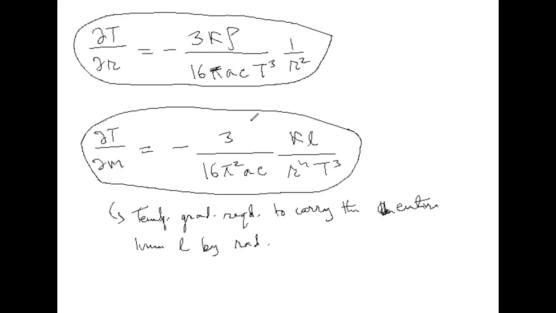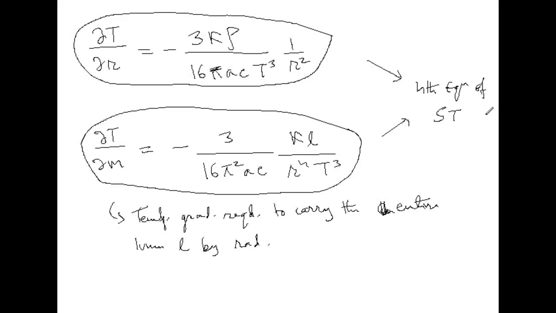Now it gives basically the fourth equation of stellar structure. So any of them is basically the fourth equation of stellar structure, right? For the case that energy is transported only by radiation.